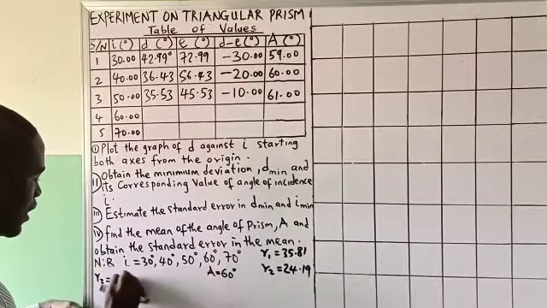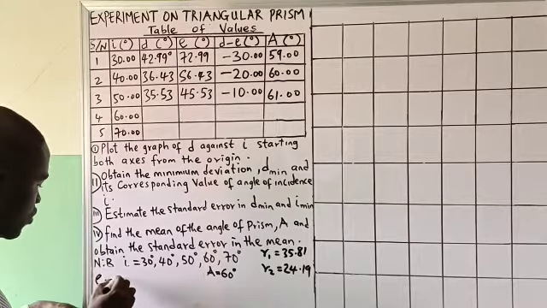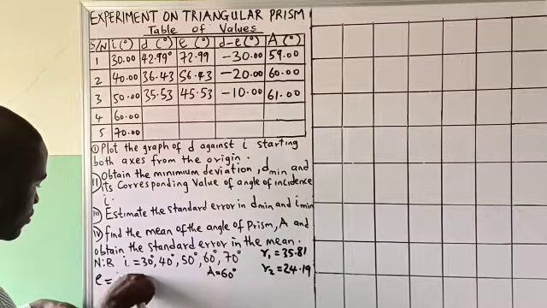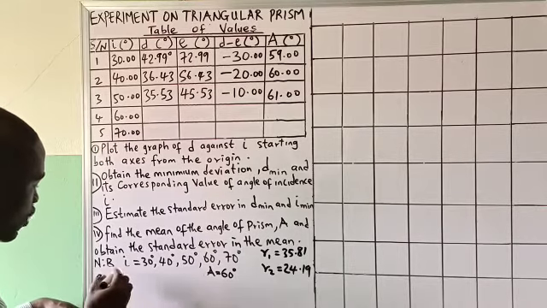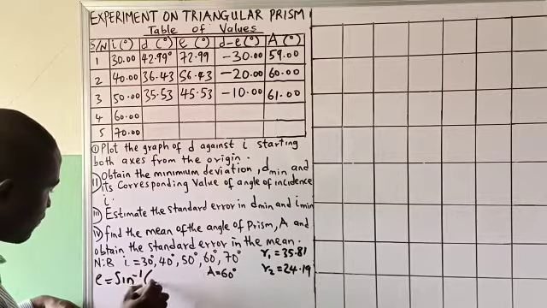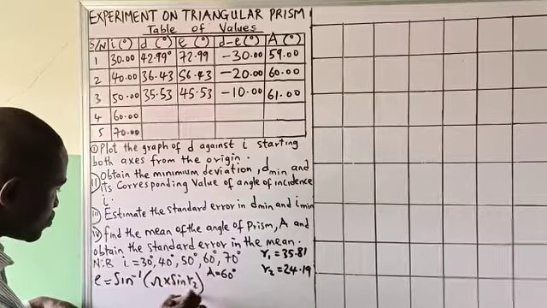Then we go to E. How do we get our E? From our formula E equals sine inverse of refractive index times sine R2.